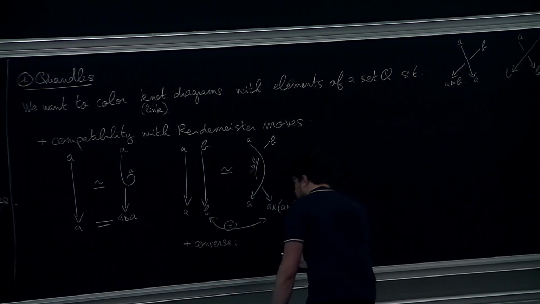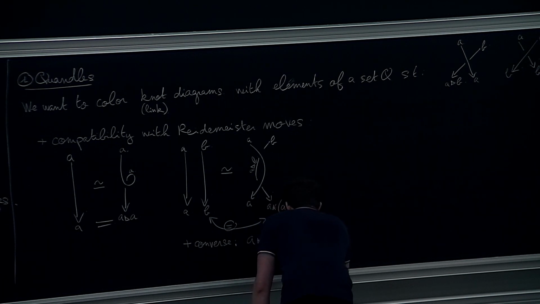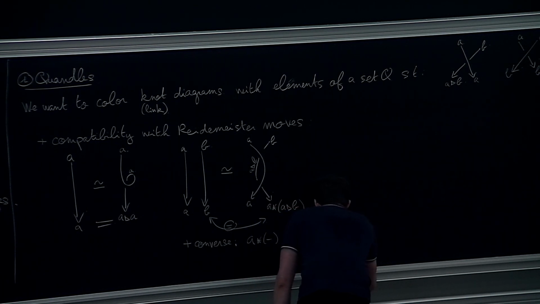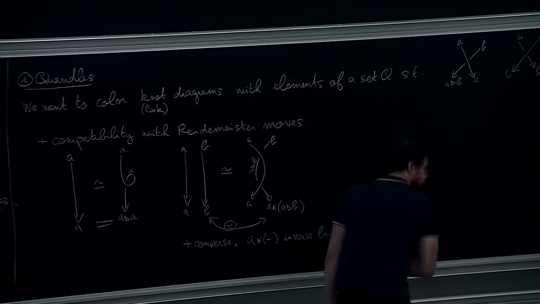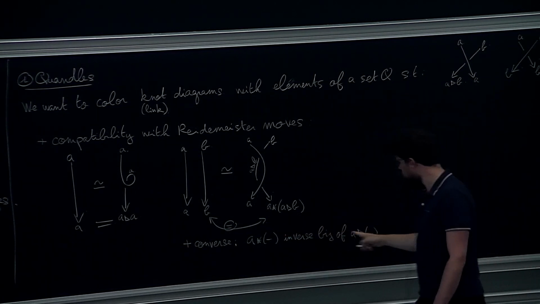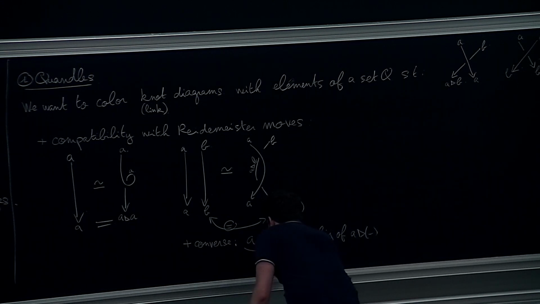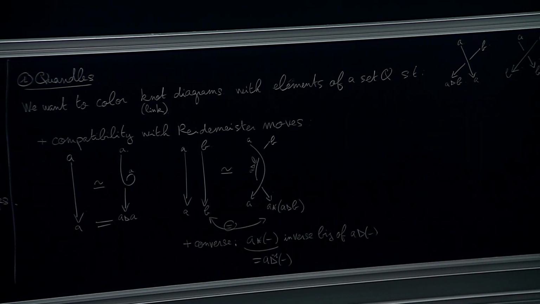So what I want actually is that this one should be the inverse bijection of this one. So actually I have only one law. The second law is just taking the inverse, and so I will call it just with an inverse like this.